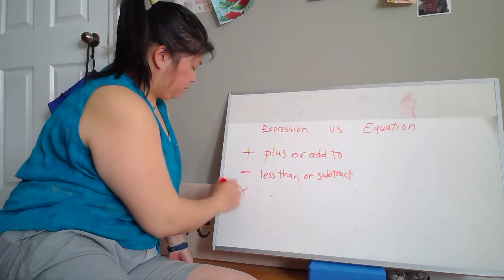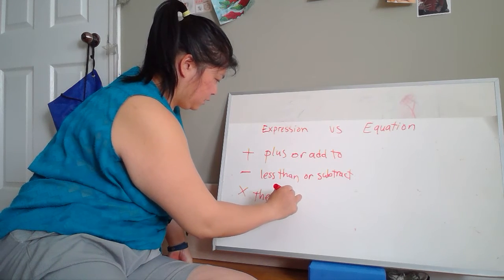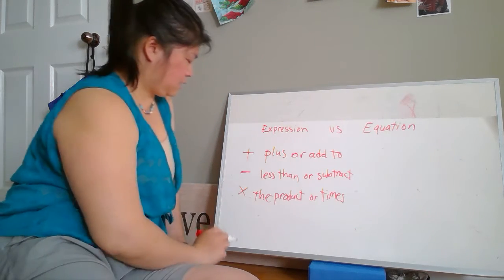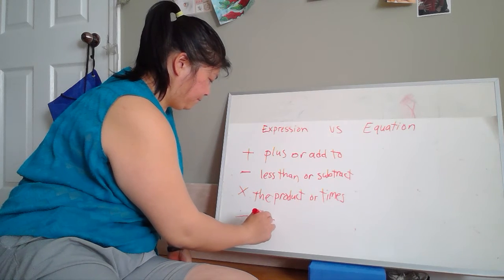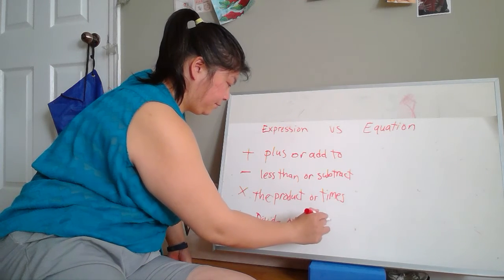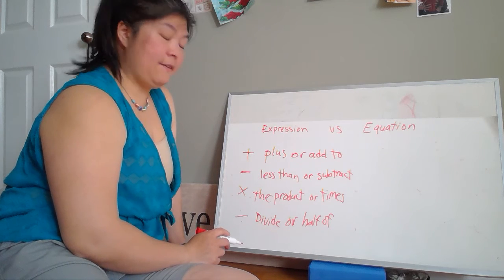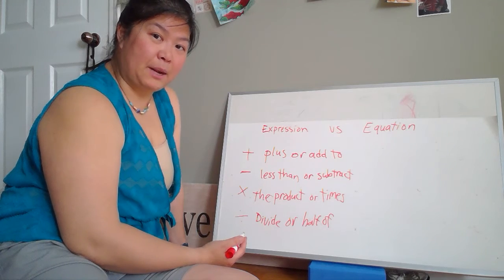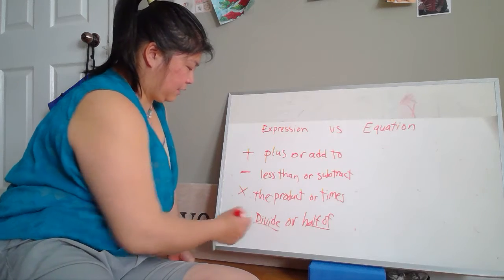Multiply: the product, or times. And then divide: mostly use divide, or could be half of. Could be divide by, so you could have half of the number. So that could be used as half of or divide.